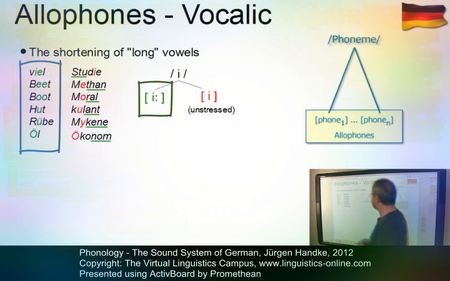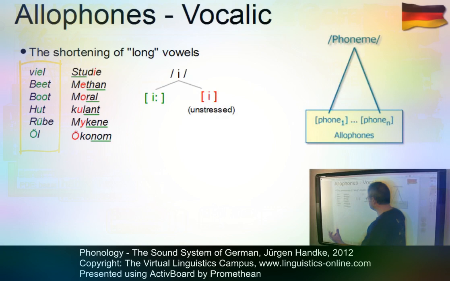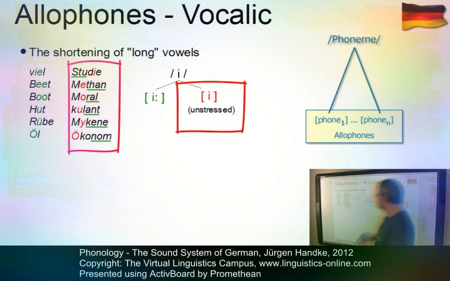Viel, Beet, Boot, Hut, Rübe and Öl. And now the short ones, where the vowel does not occur in a stressed position. Studie, Methan, Moral, Kulant, Mykene and Ökonom.